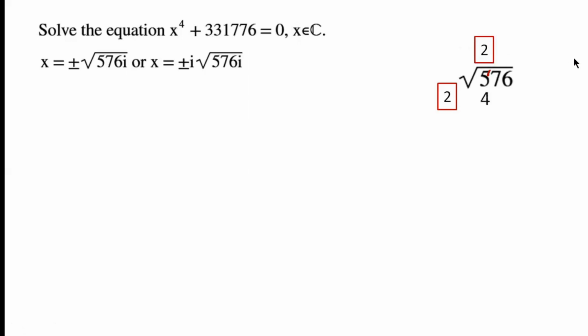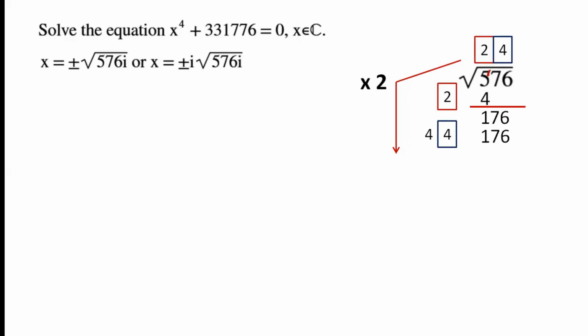2 times 2 is 4. 5 minus 4 is 1. Next, we drop down the next pair. Next, we multiply the quotient digit 2 by 2, which is 4.